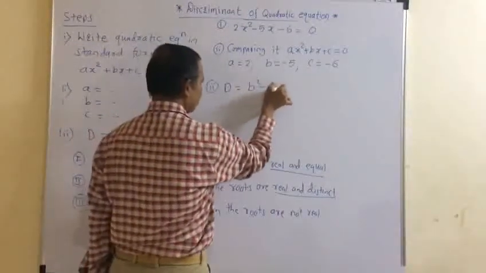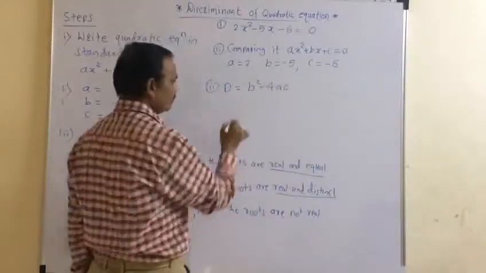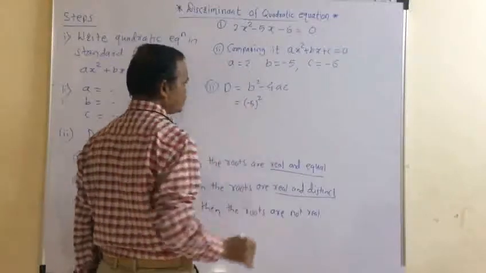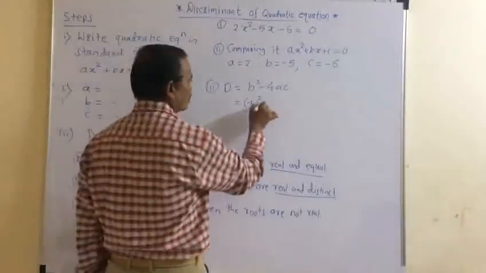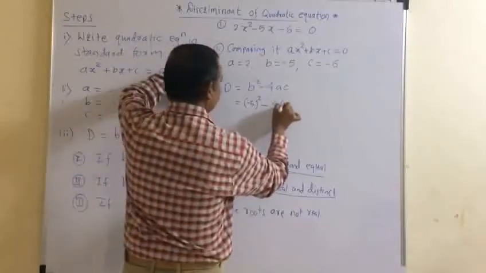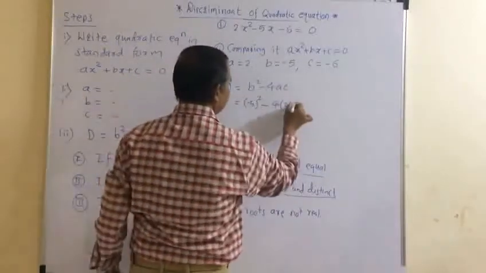Now, for the third step, we find the discriminant: D is equal to b square minus 4ac. The value of b is minus 5, squared, minus 4 times the value of a, which is 2, into the value of c, which is minus 6.